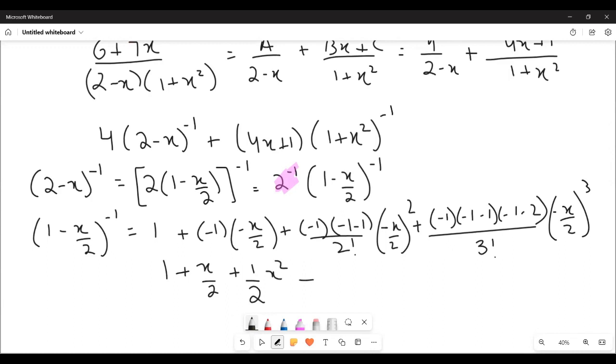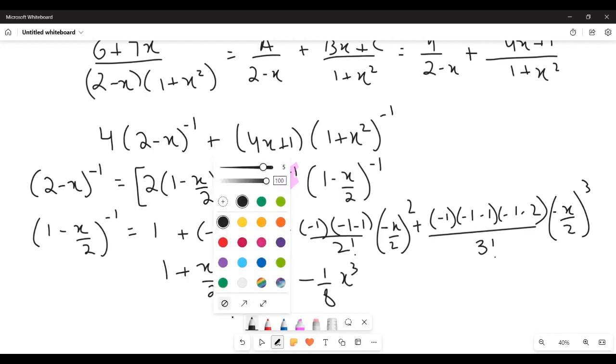And then we have minus 1 times minus 1 minus 1 times minus 1 minus 2 divided by 2 cube is 8 divided by 3 factorial. So that's giving me minus 1 by 8 x cube.